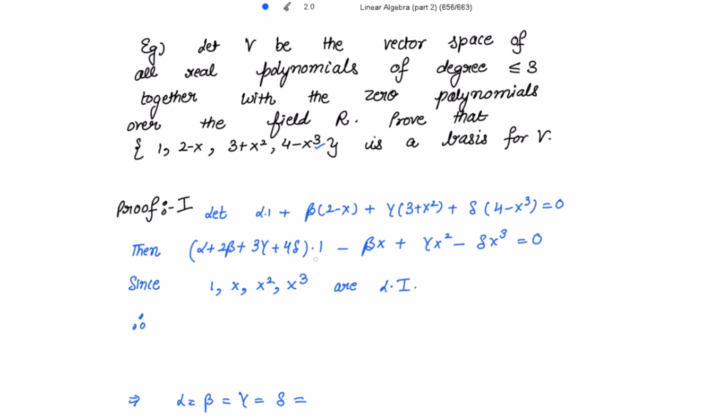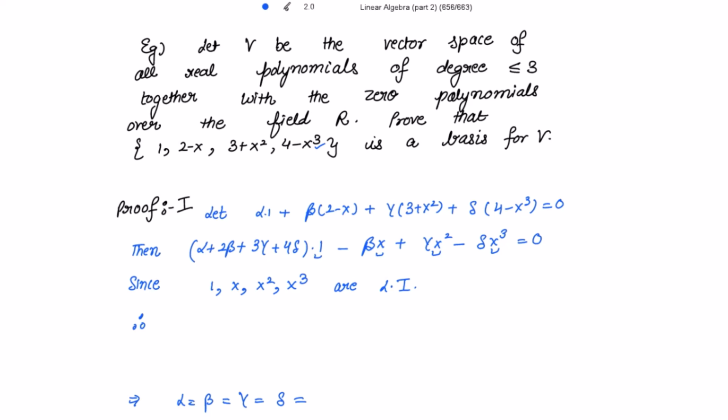And if you notice that this 1, x, x square, x cube, these are the standard basis for the vector space V, right? And if these are the standard basis, which means these are also linearly independent because these are basis. So can I say that 1, x, x square, x cube are linearly independent?